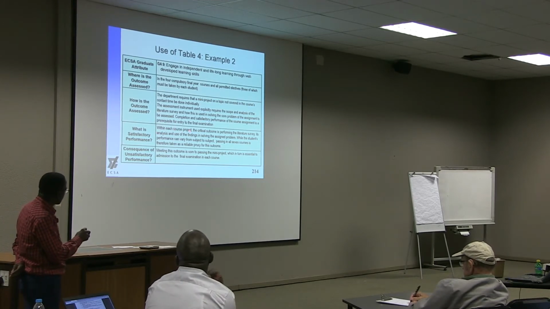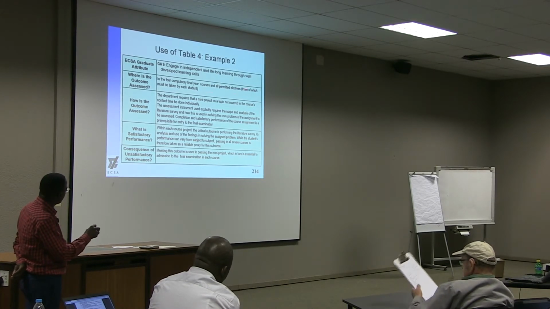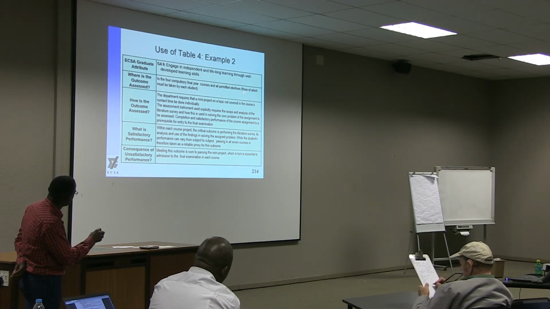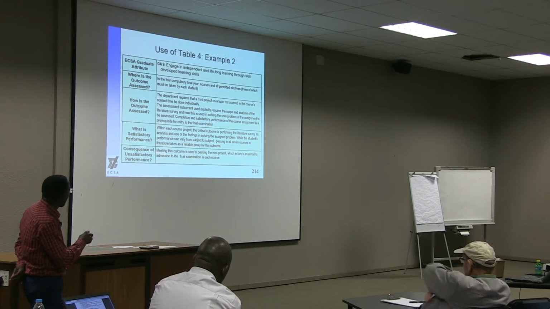Within each course project, the critical outcome is performing the literature survey, analysis, and use of the findings in solving the assigned problem. While the student's performance can vary from subject to subject, passing in all 7 courses is therefore taken as a reliable proxy of this outcome.